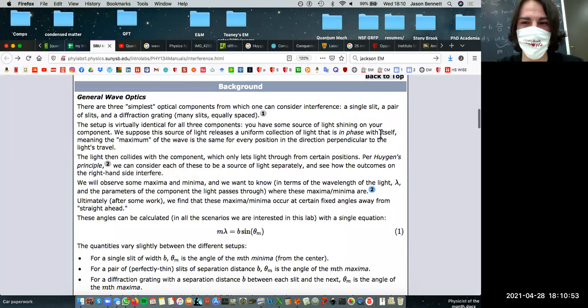So let's start off with this thing called, in the English pronunciation, Huygens principle. If you want to say it in Dutch, this is like an ow sound, and this is like an h, so it's like the Huygens principle. It tells us what happens if waves are going through some kind of obstruction.